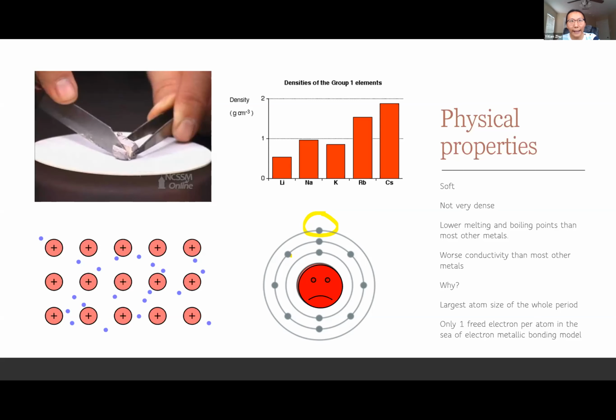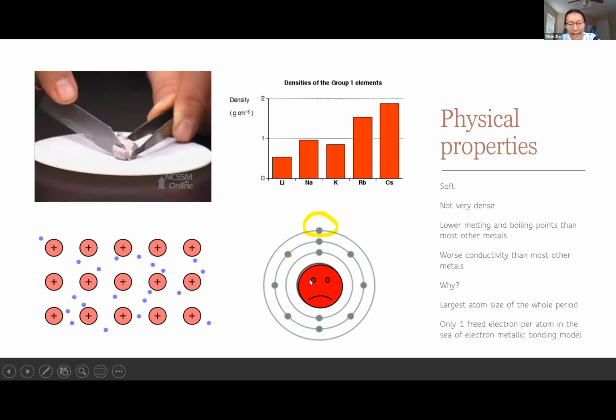So why is that? Well, first of all, they are soft and not very dense and really large because they are the largest atoms in the entire period. And that's simply because, like I explained before, they have one single electron in the outer shell that's not really getting controlled as well by the nucleus.